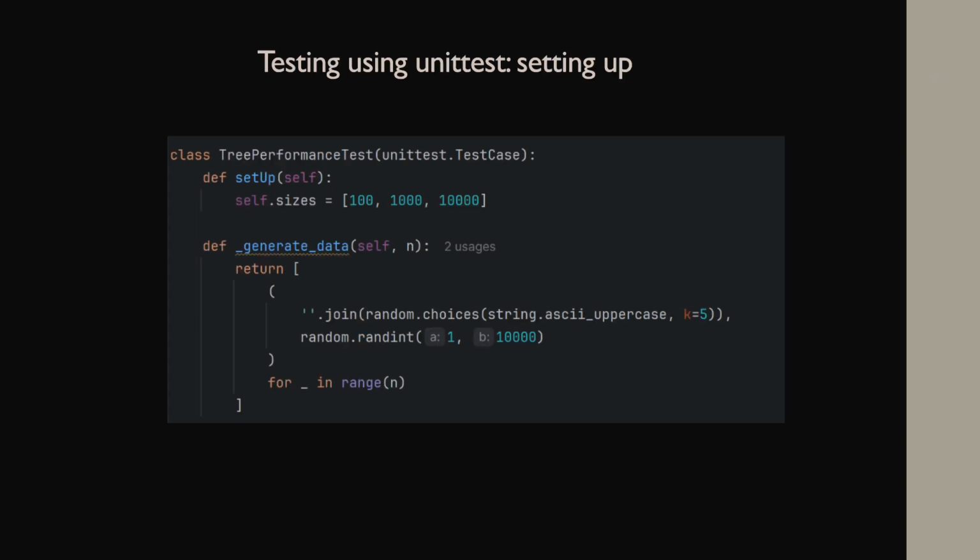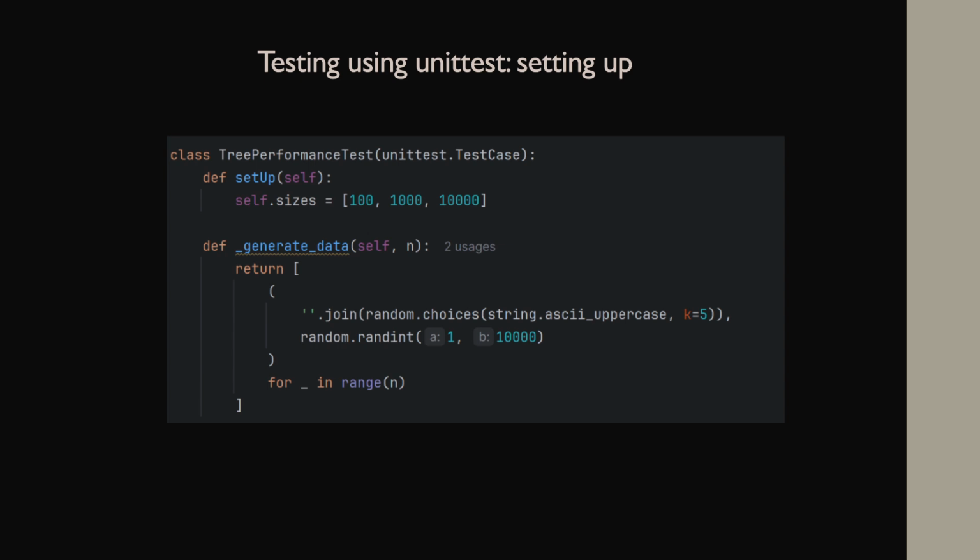So now I begin to set up the testing environment using unit tests. To set it up, I created a list of tree sizes that I would use to evaluate the performance of my trees. It would be called before each test case just to reset, and it's representative of small, medium, and large data sets.